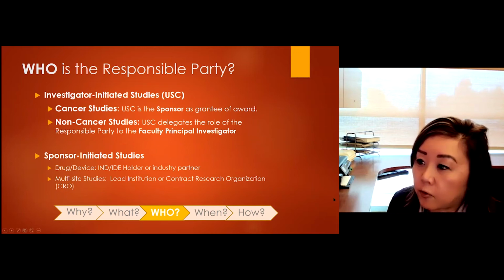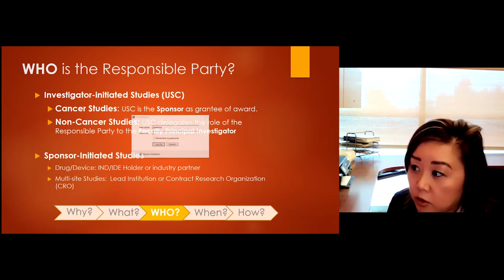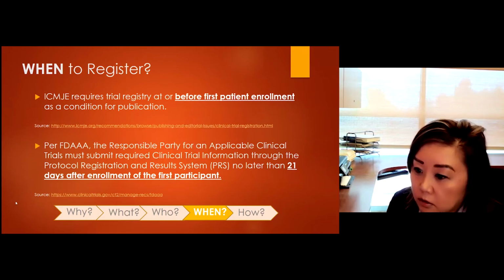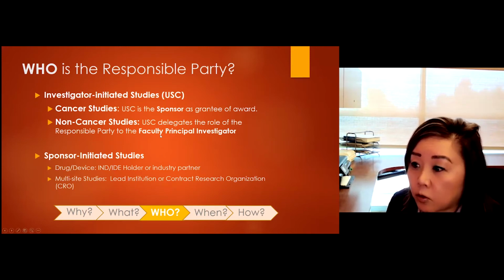So for investigator-initiated studies, for cancer studies, USC serves as that sponsor, as the grantee of the award. Sorry about that, I want to go back. And then for non-cancer studies, USC delegates the role of responsibility to the faculty principal investigator.